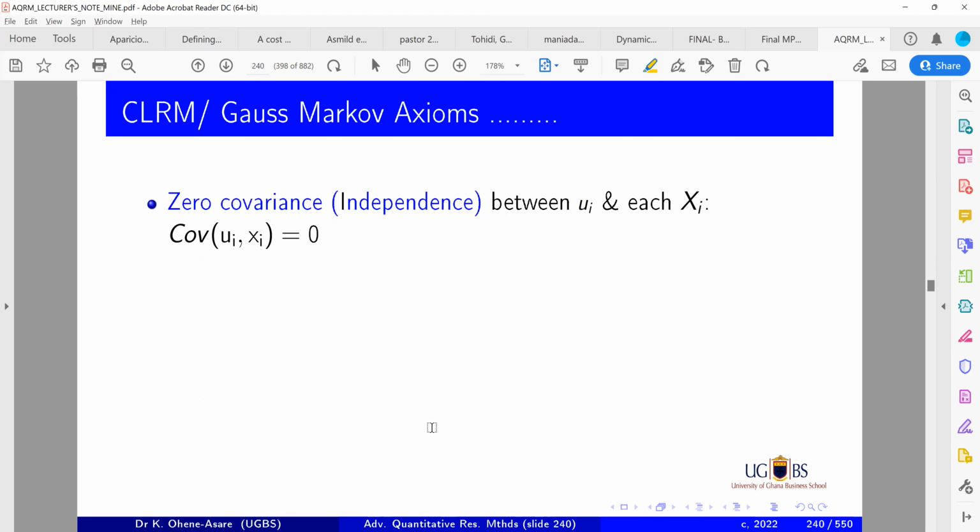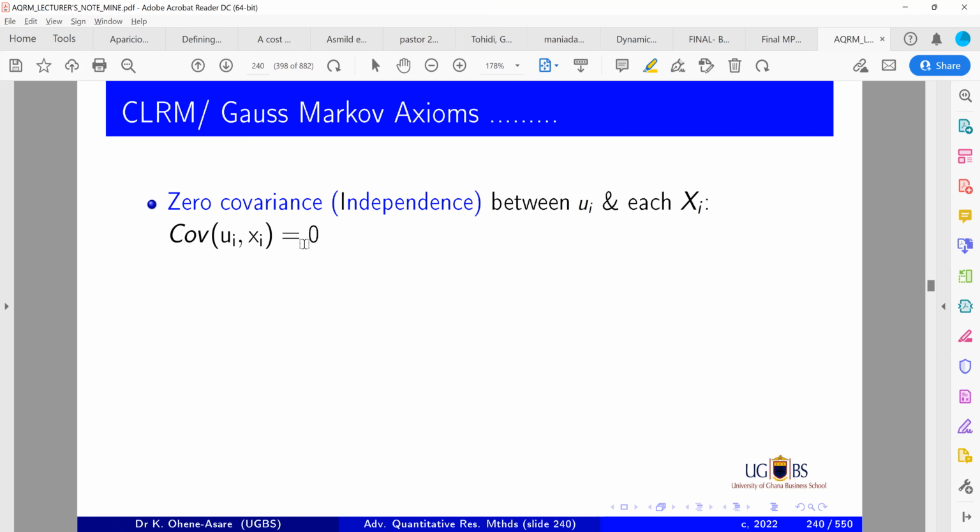Now, this second one, zero covariance, is talking about zero covariance between the error and the independent variable. So it's not like the covariance between two errors must be zero, not like there must be zero serial correlation between two errors. But even between the error and the independent variable, there shouldn't be any correlation.